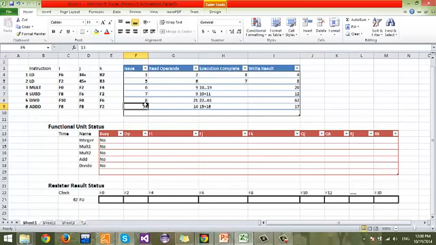That means the instructions are issued serially, that means in order. And see the execution completion or read operands: 3, 7, 19, 11, 61, 16. They are not in order. They are out of order. This is the speciality of scoreboard in pipeline.